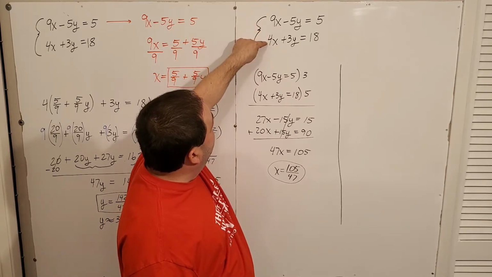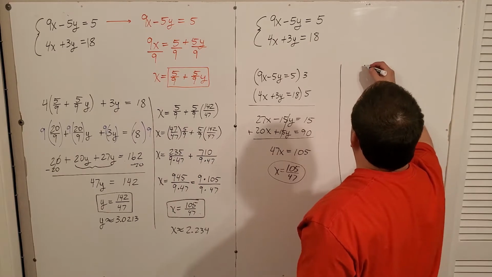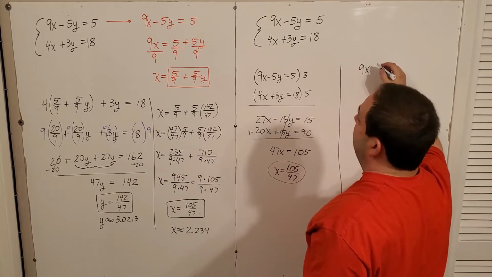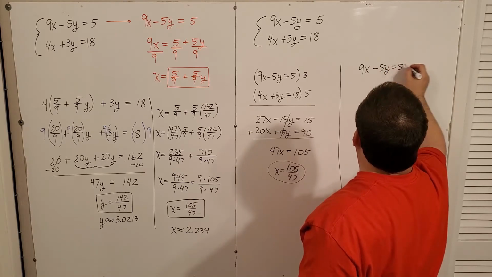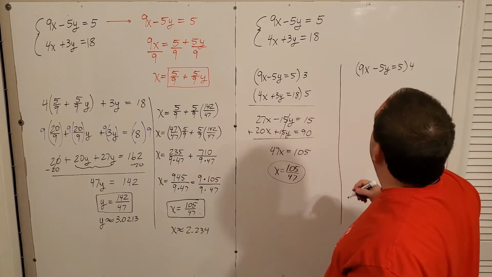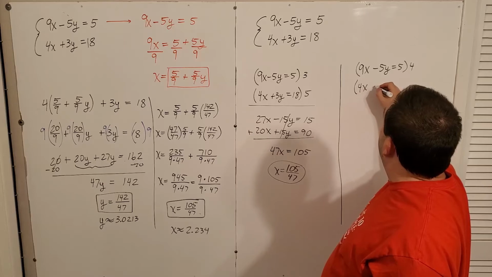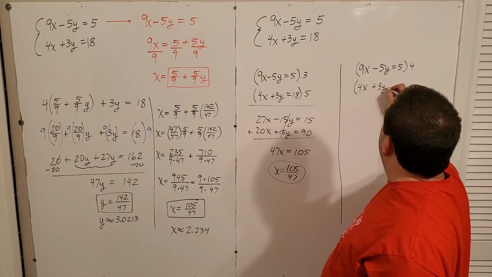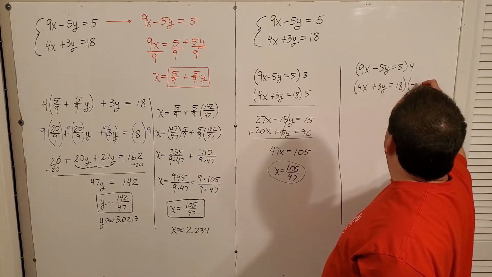So 9 and 4 both go into 36, but I also need to consider that I need to make them opposite in sign. So I'm going to multiply the top equation by 4, and then I'm going to multiply the bottom equation by -9.